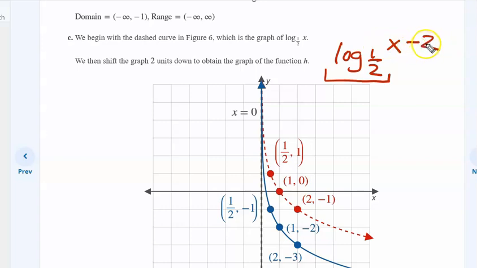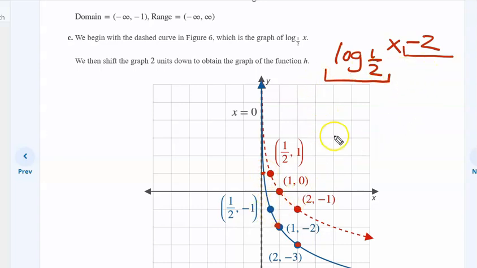So it's not going to be a horizontal shift, but it's going to be a vertical movement where our y-intercept has gone from what it would have been 0 here down 2. So there's our 0. It's just going down 2. Where it was, it's going down 2.